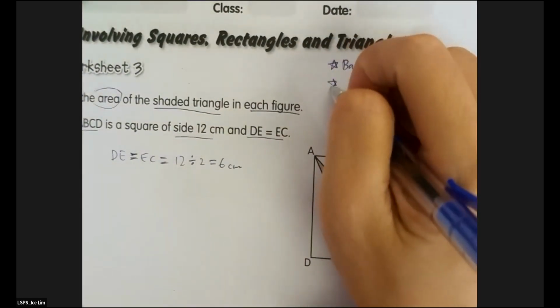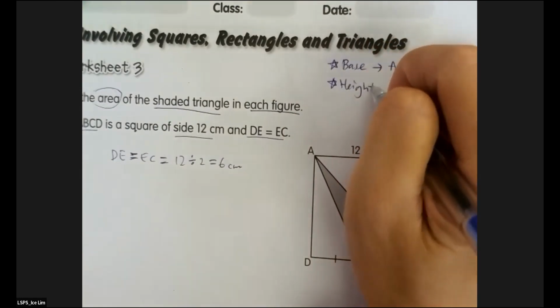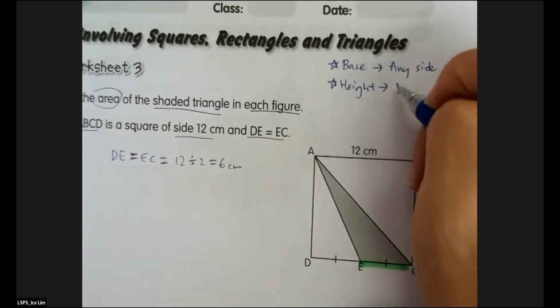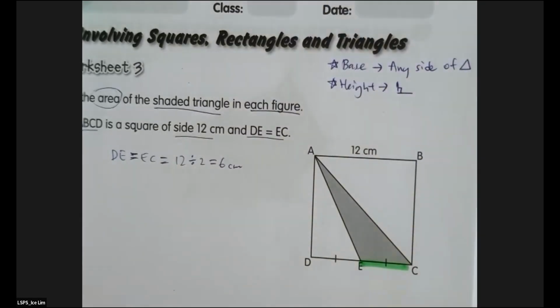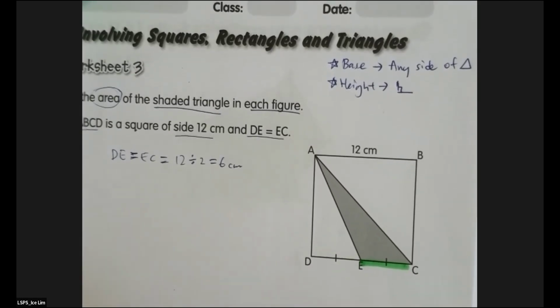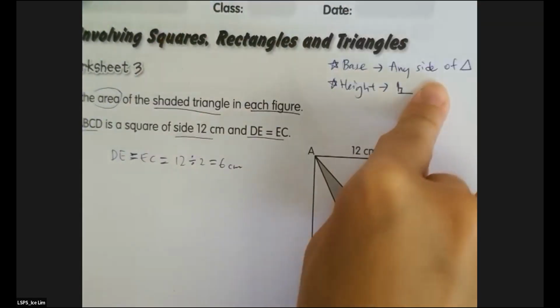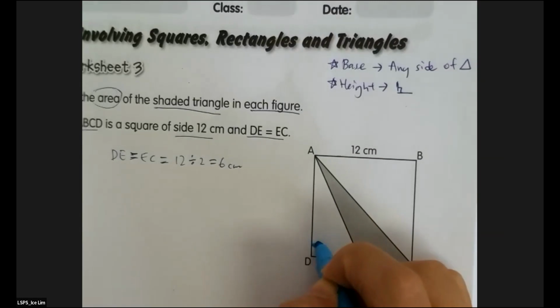When I look for the height, I always look for perpendicular, right angle lines. I look for the line that is perpendicular to the base of the triangle. The base is always any side of the triangle, then look for the height. The height is a right angle.